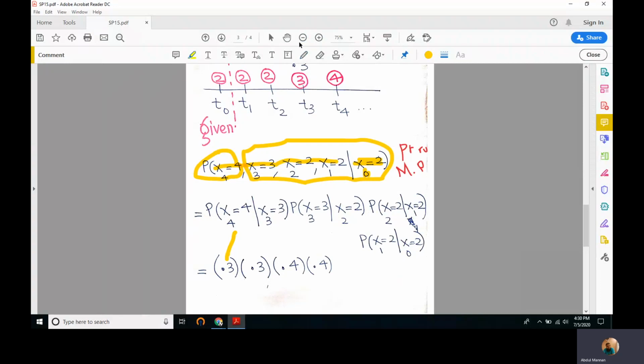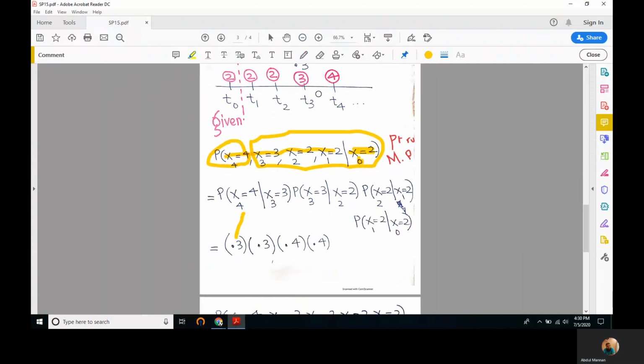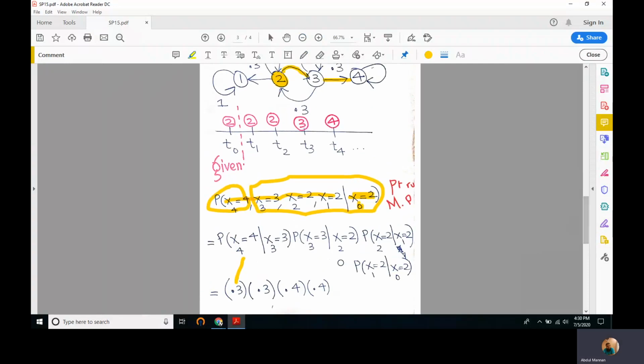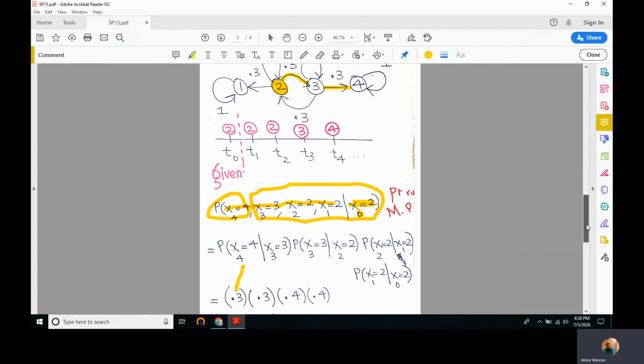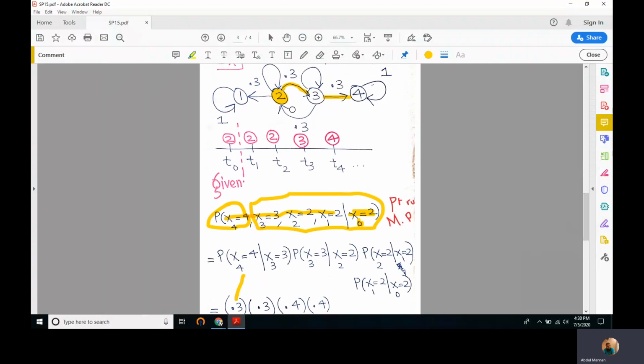Right, now we are going to find this conditional probability term. From 2 we go to 3. We go to 3 with probability 0.3.